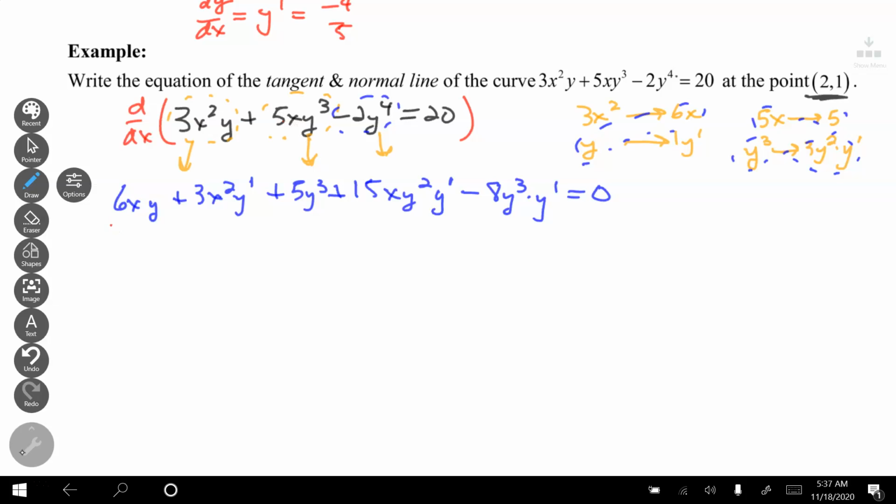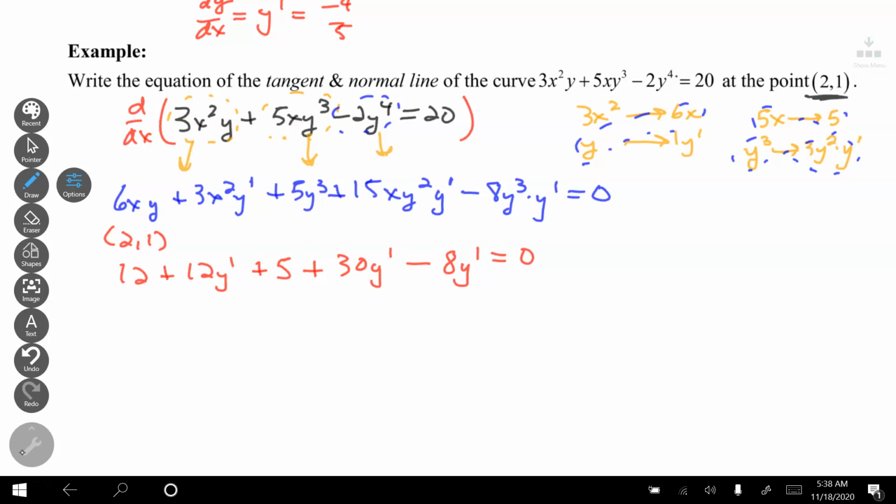Now I'm going to plug in 2, 1 for all the x's and y's, and when I do that, 6 times 2 times 1 is going to be 12. 2 squared is 4, times 3 is 12y prime, plus 1 cubed is 1, times 5 is 5, plus 15 times 2 is 30, and 1 squared is 30y prime, minus 1 to the third is 1, times 8 is 8, y prime is equal to 0.